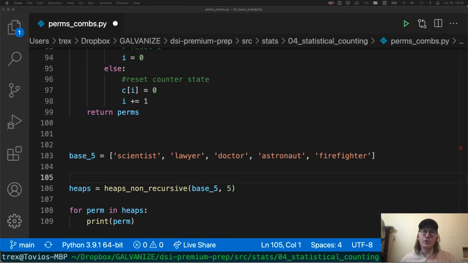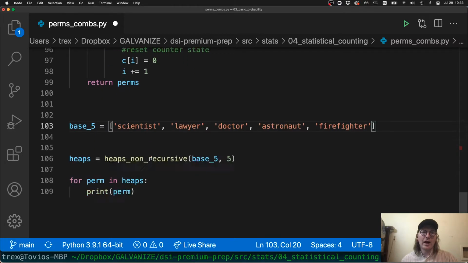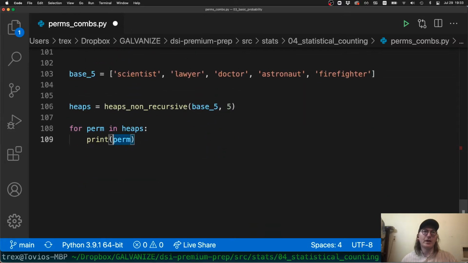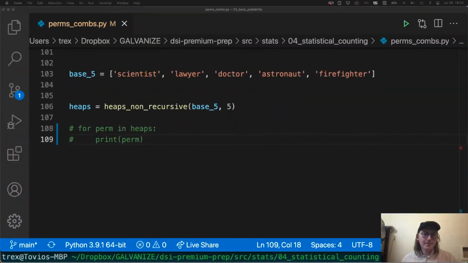You're going to be implementing algorithms that are at times at this level of complexity. Okay. So that's heaps, and we'll leave permutations there.